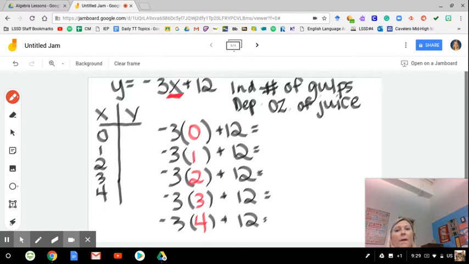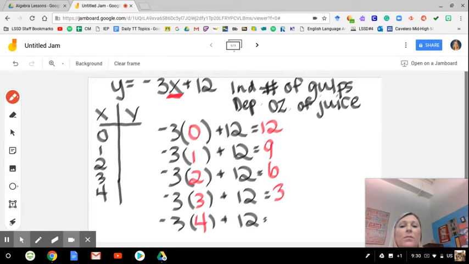Now we just need to do our math. 0 plus 12 is 12. Negative 3 times 1 is negative 3 plus 12. Negative 3 times 2 plus 12, so that's negative 6 plus 12. Negative 3 times 3 plus 12 is negative 9 plus 12.